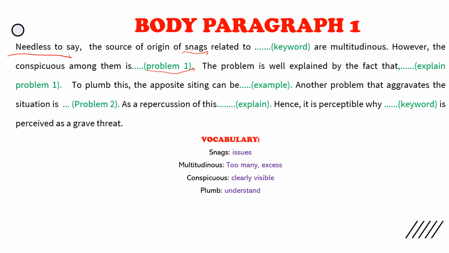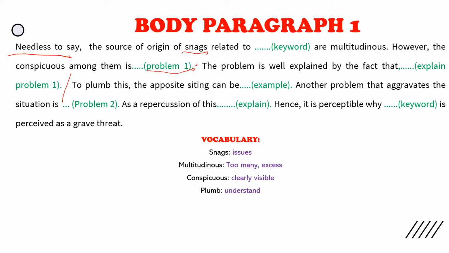"The problem is well explained by the fact that..." So, as I always say, whenever you give a point, whenever you give a problem, you need to support it with an explanation. You cannot just jump from here to here. No, you have to explain how it is a problem, how traffic congestion is a problem due to overpopulation. So I will explain that.